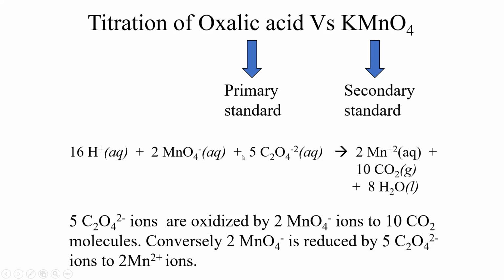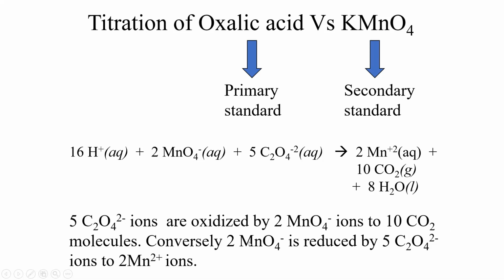In the same way, we balance the equation. You balance the half equation of manganese, and also balance the half equation of oxalate. By the time you balance the electrons, add water on the side of the CO2; once you add 8 moles of water, you have 16 moles of hydrogen.